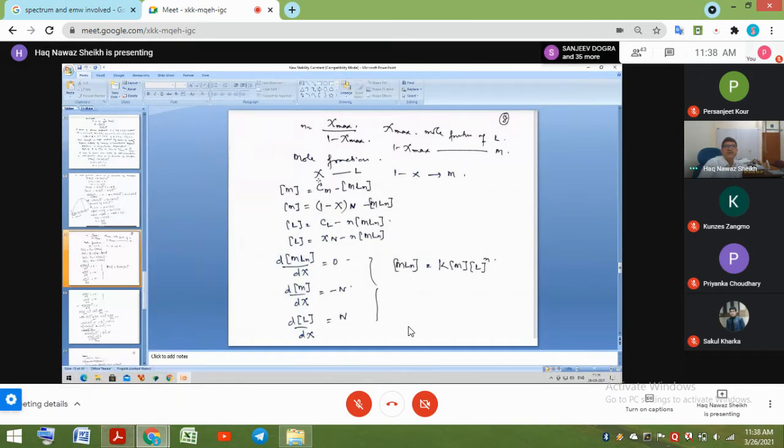So χ stands for the mole fraction of L, and 1 minus χ stands for the mole fraction of the metal. Because as I said earlier, the sum of the mole fractions of the metal and ligand is always equal to 1. So what is the concentration of the metal here? It is the CM, the concentration that we had added initially.